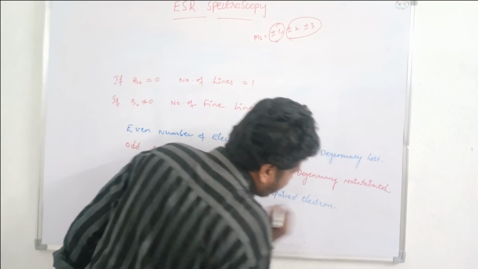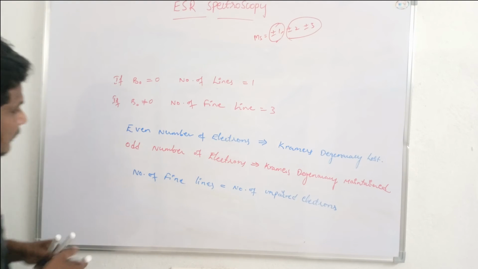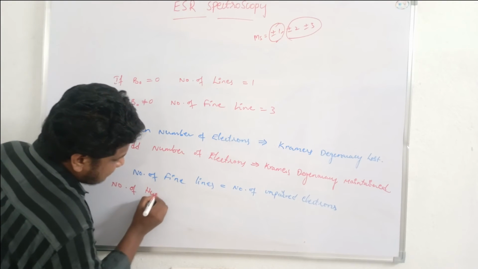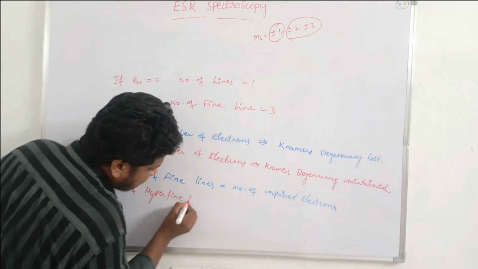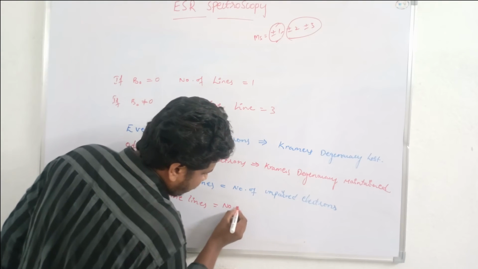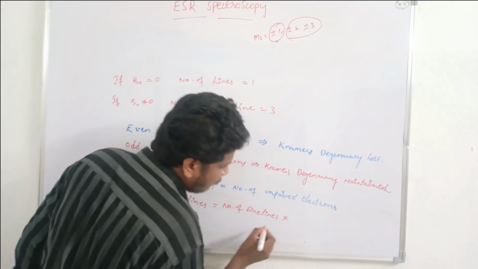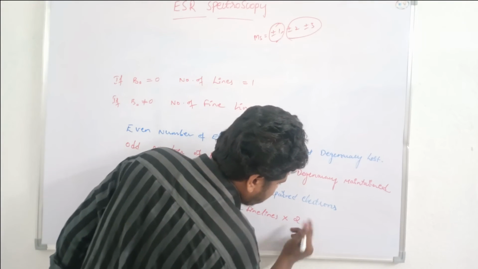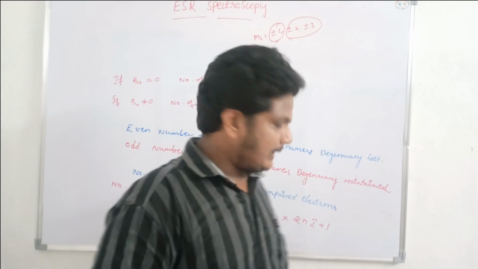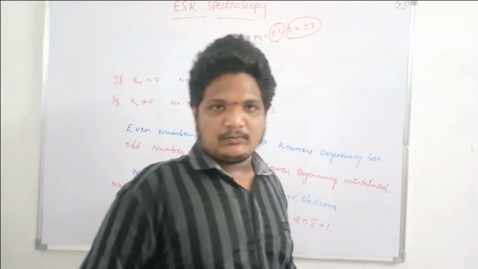And the number of hyperfine lines is equal to the number of fine lines times (2nI plus 1), where n is the number of magnetic nuclei and I is the spin of that nucleus.